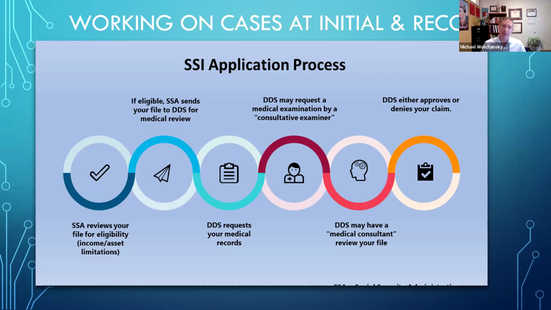In the case where you have both mental health and physical health issues, your client's case file will be sent to both doctors to see if they meet, well, we'll go through the process, but to see if they meet the requirements for a disability, either physical or mental. And then after that, the doctor says yes, you meet the requirements, and you get approved, or you get denied if you don't meet the requirements.